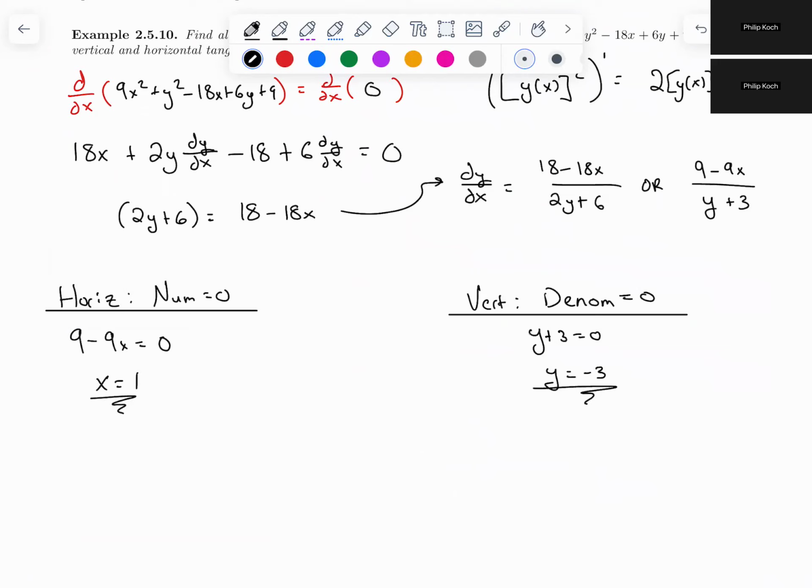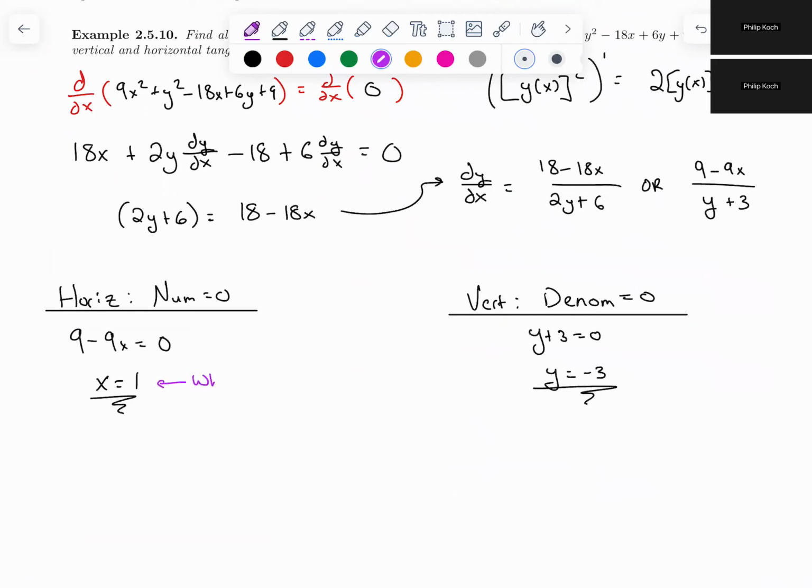But remember, we know that this is an ellipse, so it should have 2 points where it has horizontal tangent lines and 2 points where it has vertical tangent lines. So it couldn't just be 1 comma negative 3. The thing is, this is the y value when you have a vertical tangent line, not where you have a horizontal tangent line. So what we have to do now is figure out what y is going to be. What's y?